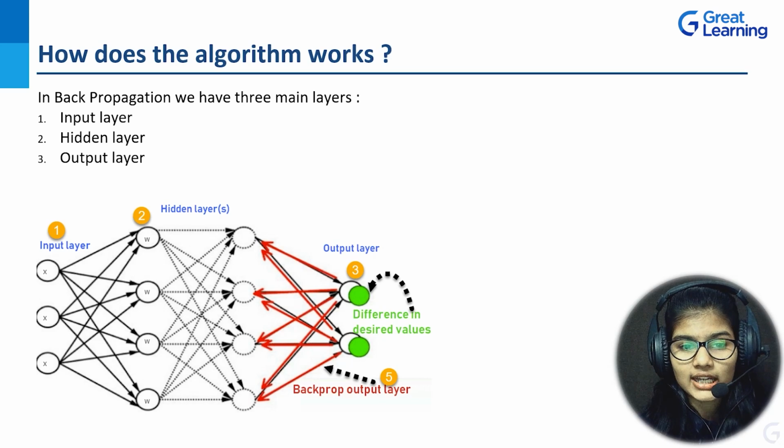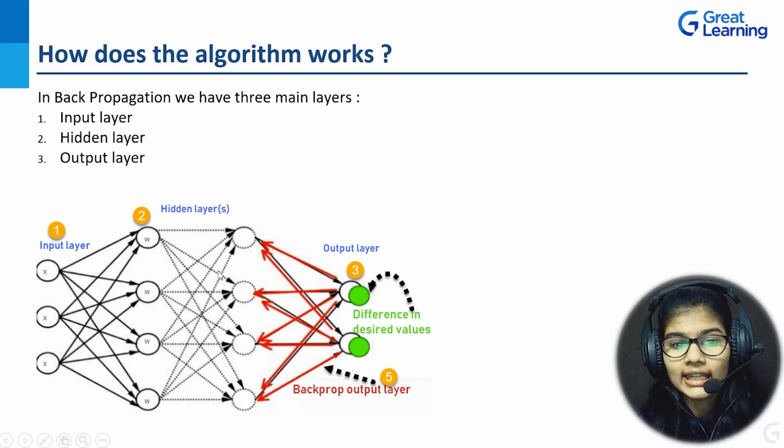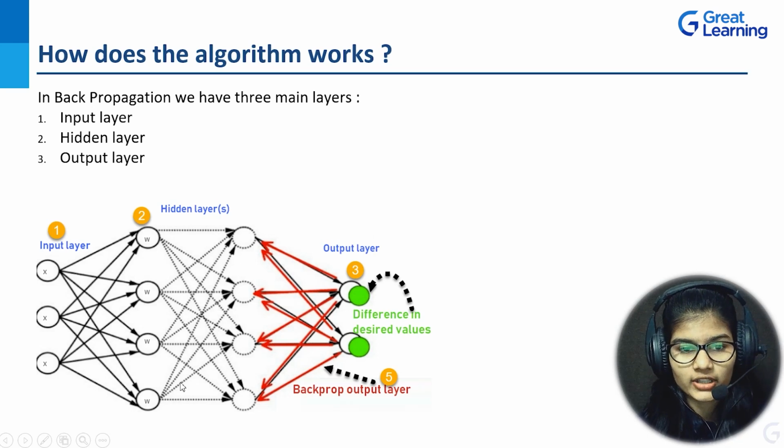So how to reduce that? You again go back to the hidden layers and adjust them in a form that for the future runs, the differences in the desired value and in the actual value get reduced.